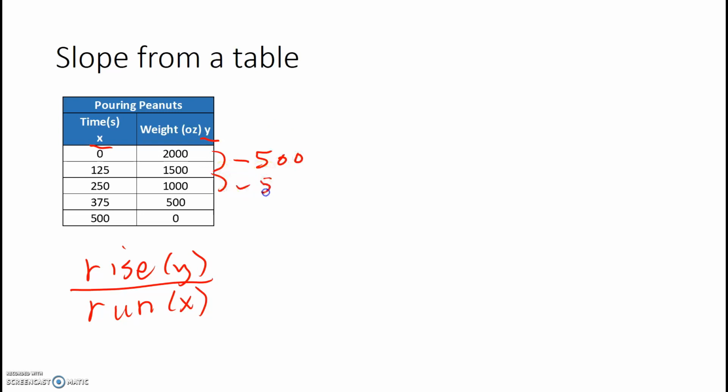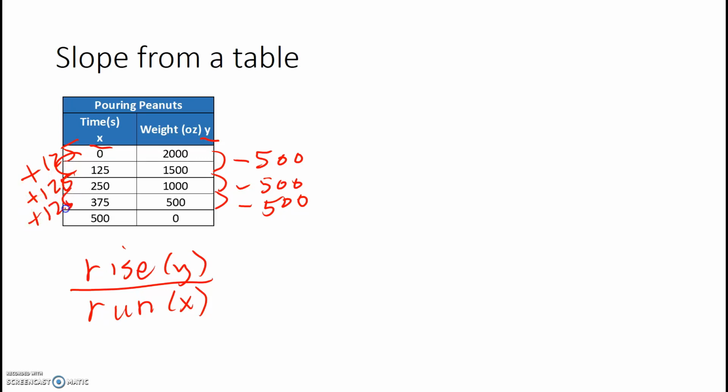So we can see there is this constant rate of negative 500. If I look at the way it is running, we can see that it is running as a positive 125 as it changes from one ordered pair to the next.